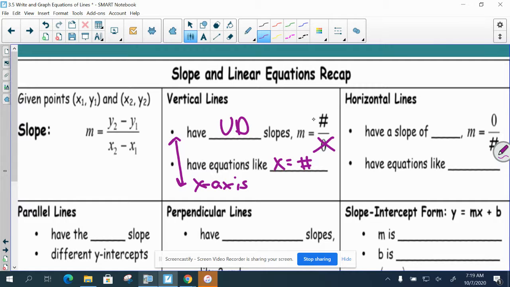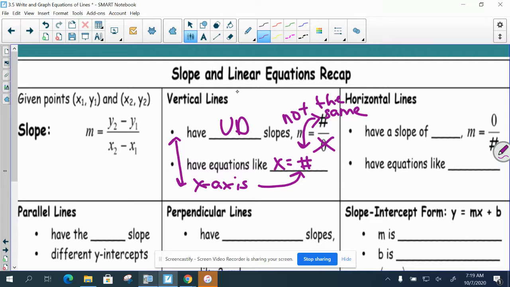Please note, though, that these numbers are not the same. They might be by coincidence, but whatever number you get in the numerator is just what you get when you add or subtract the two numbers to get the slope, which ends up being undefined. So these two numbers are not the same. This number here is what it crosses through on the x-axis. That's how you can figure that out.